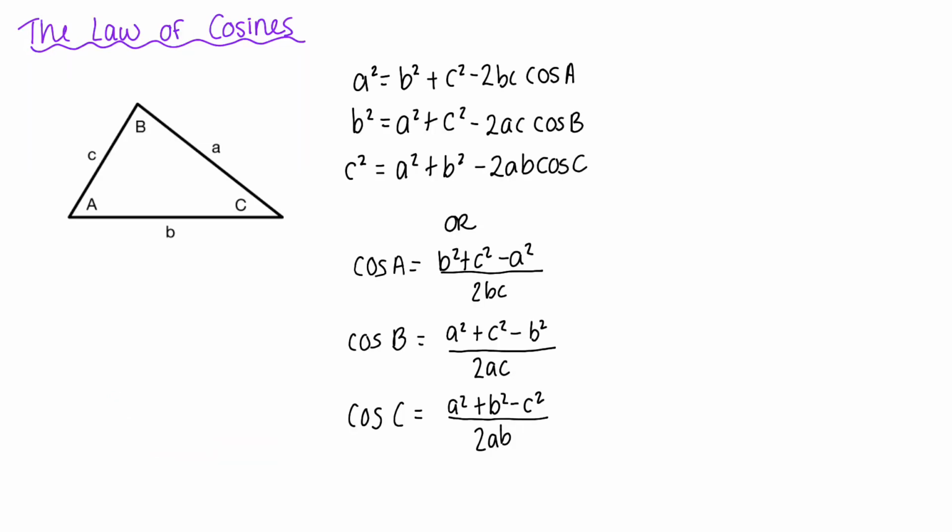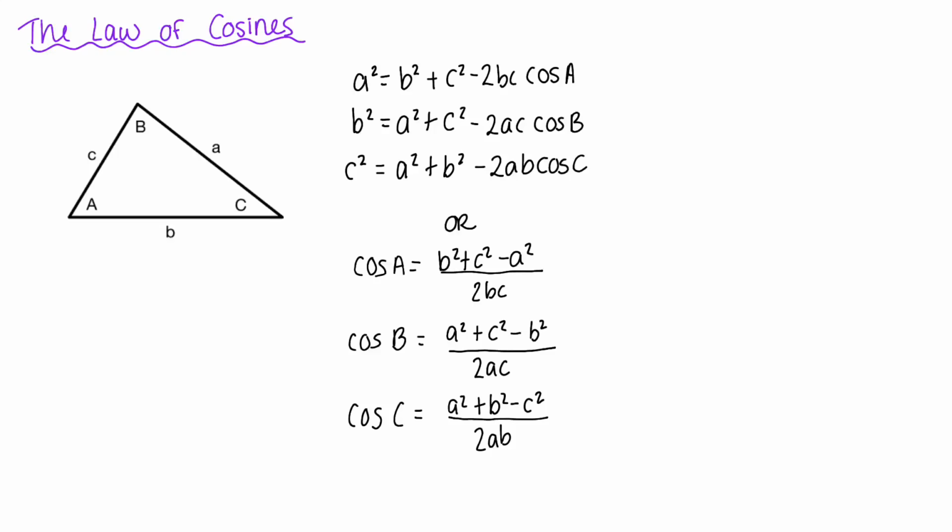So here they are. They look a lot messier than the law of sines formulas, but law of cosines has a nice property in that you're always going to get one answer. There's no ambiguous case, there's no trying a second triangle, there's no no-solution case. With law of cosines, you are always going to get an answer and you're always going to get only one.